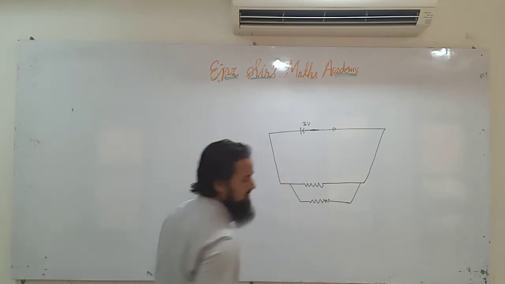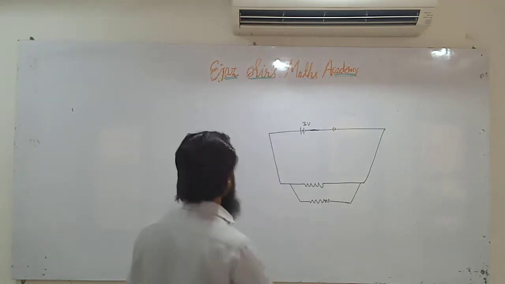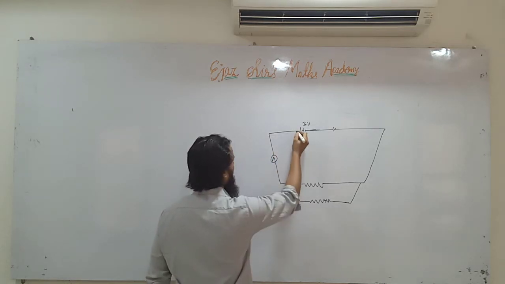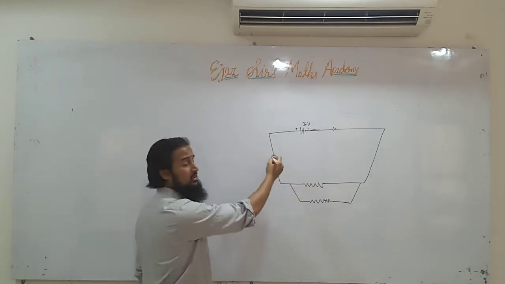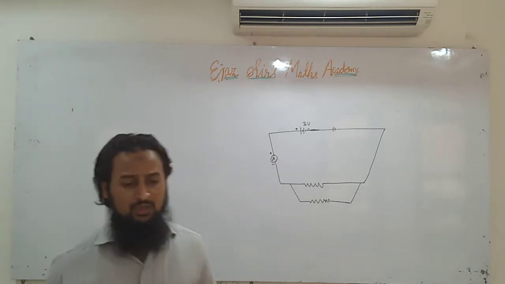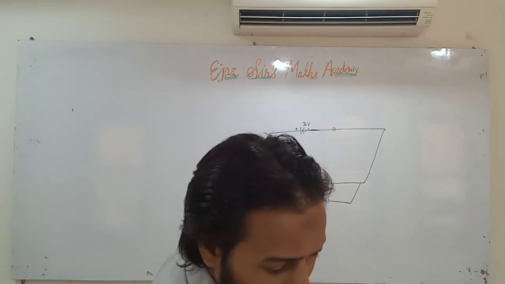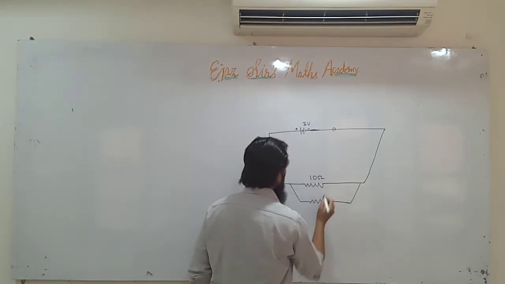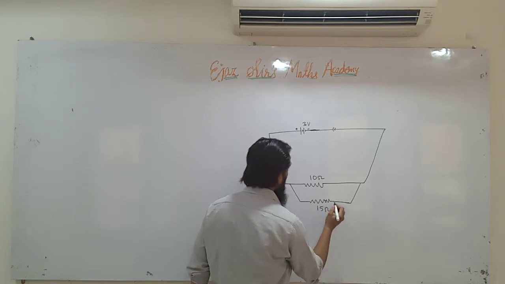There is an ammeter here. The positive terminal of the battery must be connected to the positive terminal of the ammeter and the negative terminal to the negative. This is a 10 ohm resistance and this is a 15 ohm resistance.